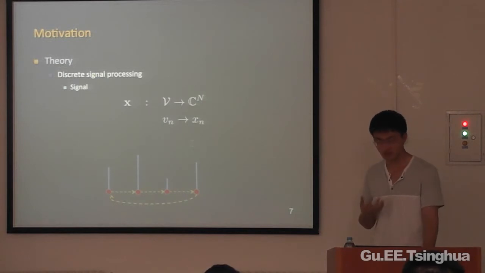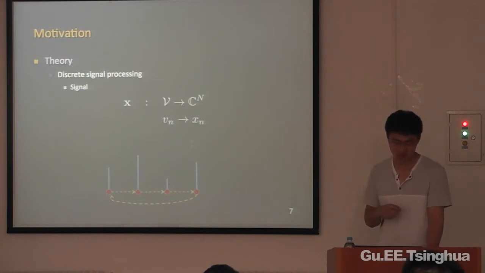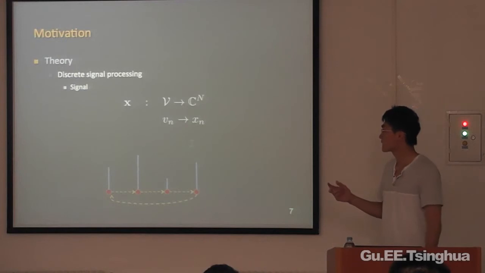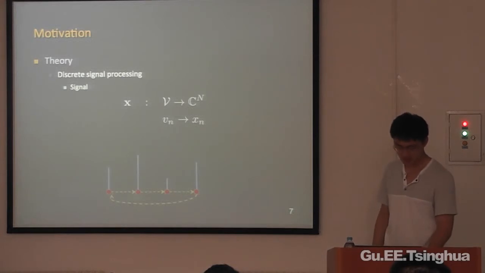So if we want to generalize the signal, let's go back and see what signal we were interested in previously. In classical DSP, here I just zoom into a finite time series. It's finite and discrete. So we think about the signal as a map from the time steps, the red dots, to a series of constant values.